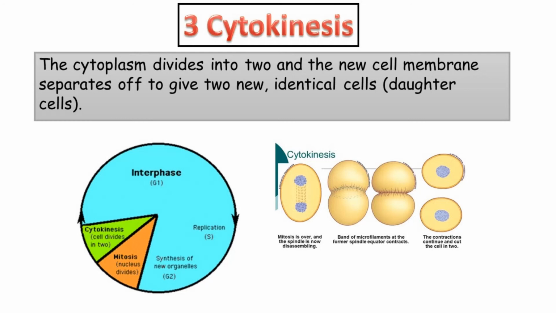The original cell pulls itself apart and divides into 2 identical daughter cells, with the cell membrane reforming around each cell. Because the DNA from the original cell was copied, each daughter cell now has an exact copy of the original DNA that we started with.